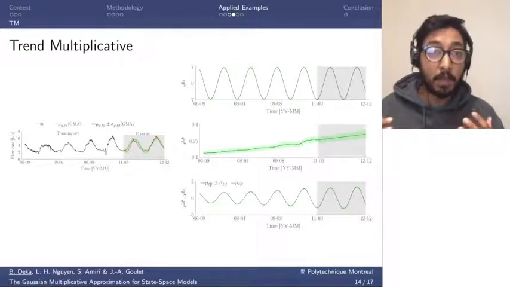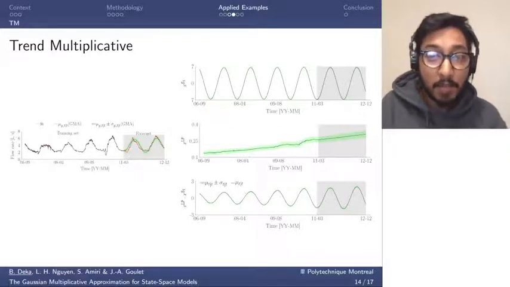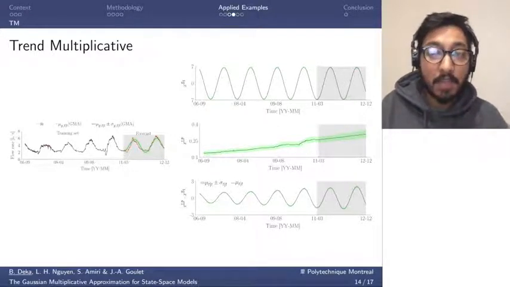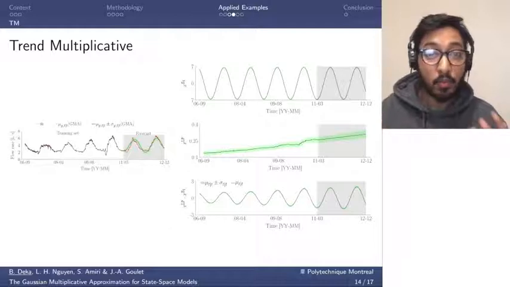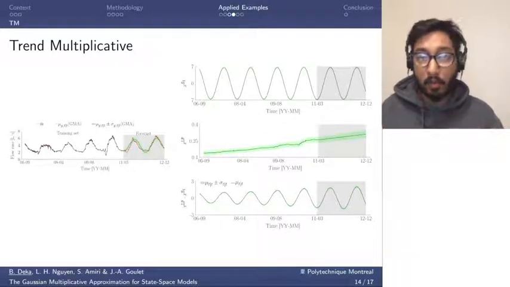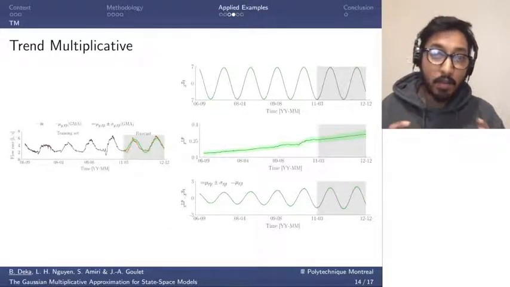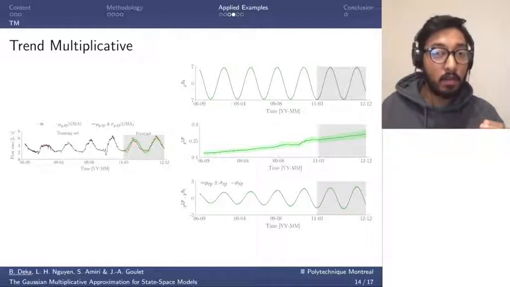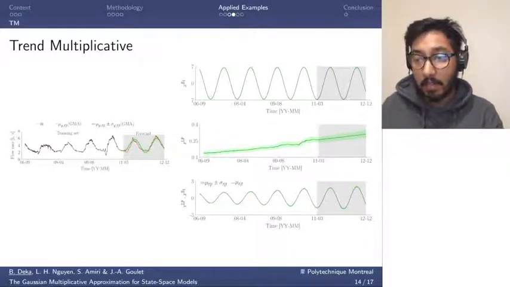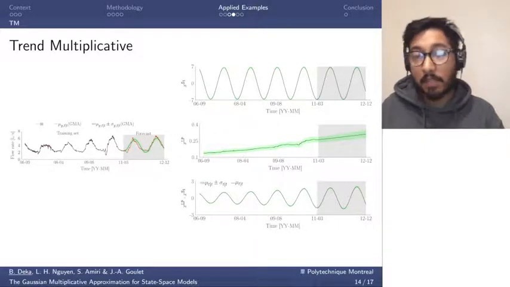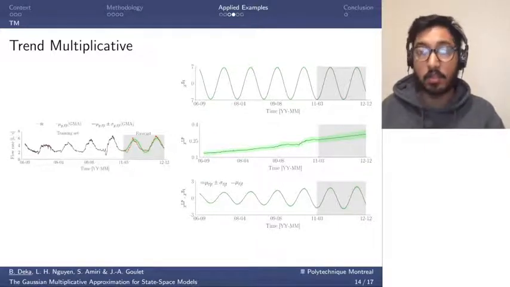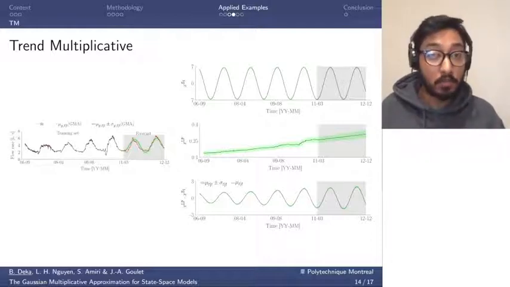When we multiply XLP times XS1, we get an amplitude that is evolving over time, as you see in the bottom figure. This is what we intend in order to model the flow rate time series in the previous slide. So now we have a component that can do this. Whenever we have a time series where we see such a pattern, we can leverage this new component in order to model this feature.